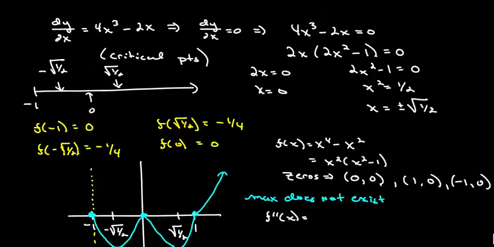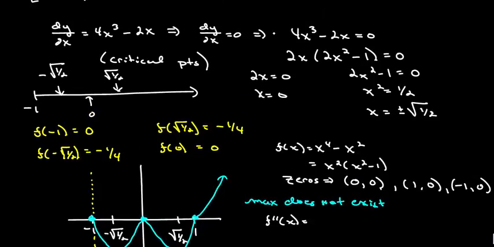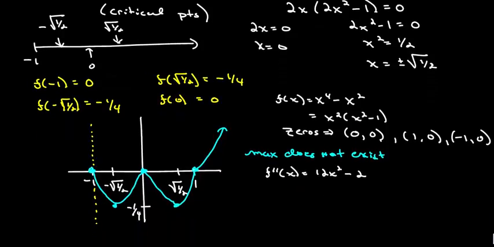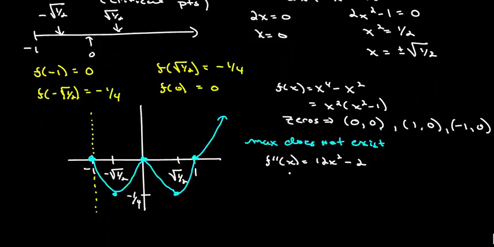If I take the second derivative, so here's the first derivative, take the second derivative, I get 12x squared minus 2. Question is, when is this guy equal to 0? That'll show me changes in concavity. So where do we change concavity?